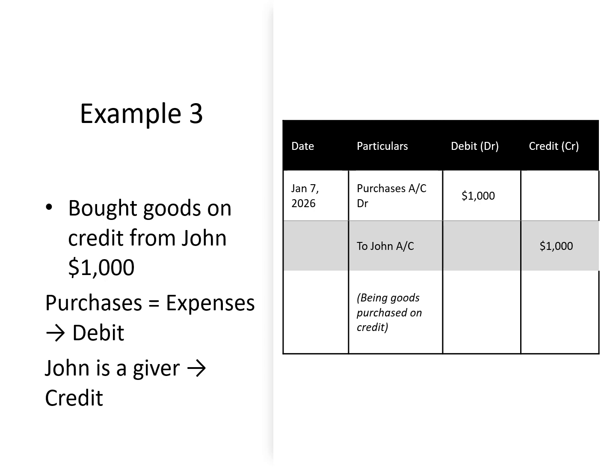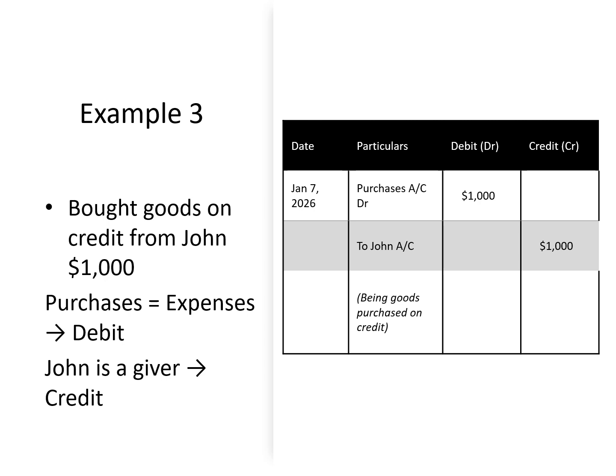So let's look at the journal entry. The journal entry will be we debit purchases of $1,000 and we credit John because this transaction was on credit. So we credit John, the giver, with $1,000.